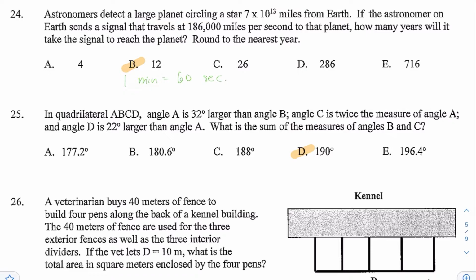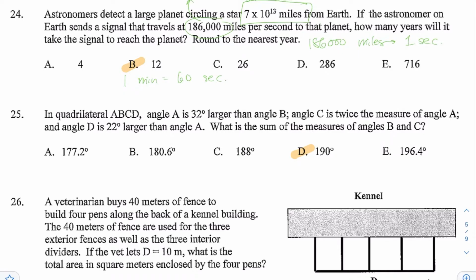So here, since you have 186,000 miles in 1 second, and you have the distance in miles, you have your rate, which is here.